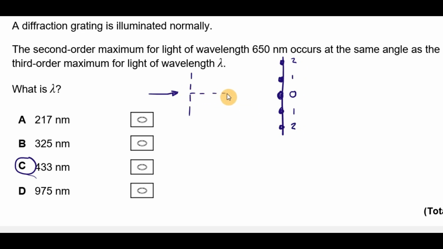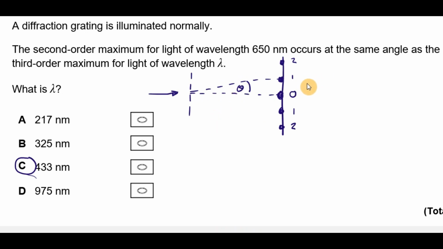If I draw a normal line to that zero order, then we can see that these different orders will make a different angle theta.